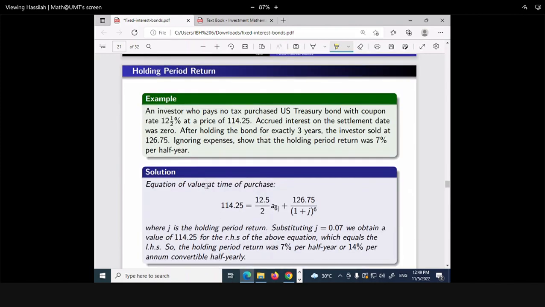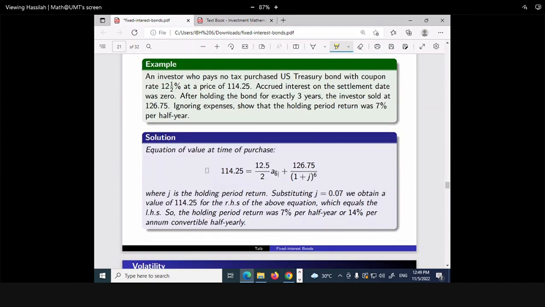So let's see an example here. We have an investor who pays no tax, first kali no tax. Purchase US Treasury bond.